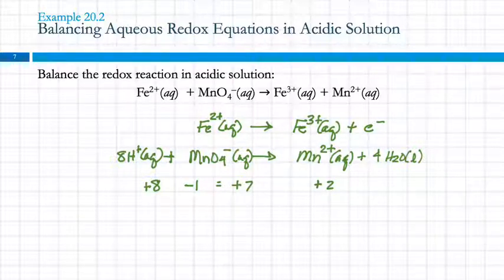So I need something to change by 5, and all I can do is add negatives. So I'm going to add 5 electrons to this side. Because now I've got -5, +8, and -1, and that adds up to +2, which is the same as the other side.